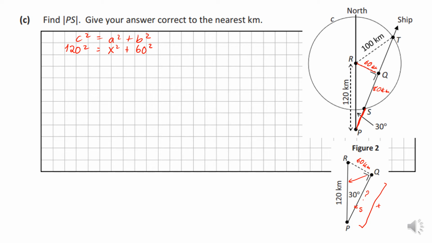Squaring out the numbers, we get 14,400 equals X squared plus 3600. Let's subtract 3600 from both sides, and we get X squared equals 10,800. Now to solve for X, we'll get the square root of that.